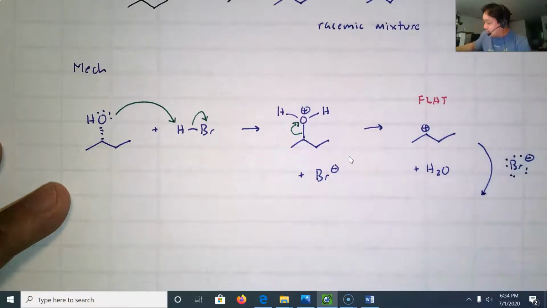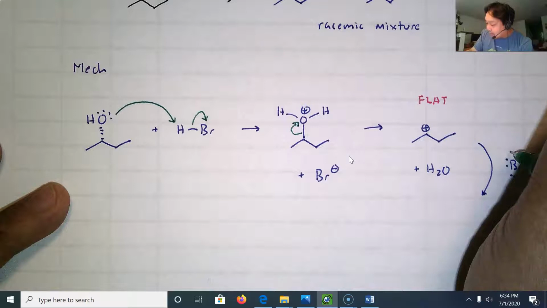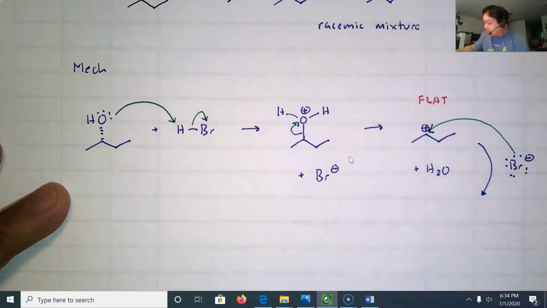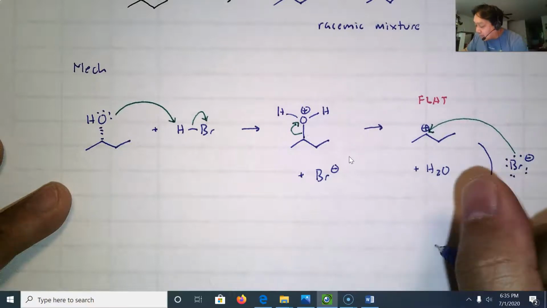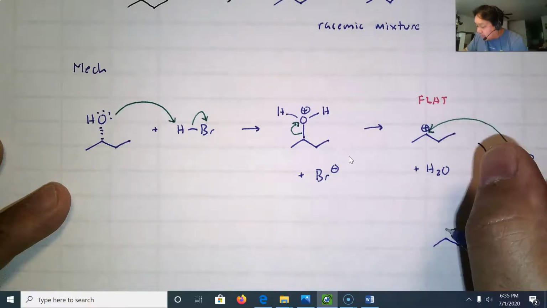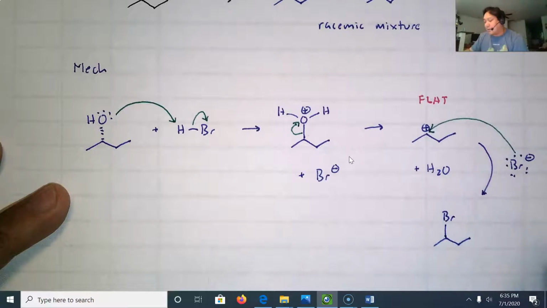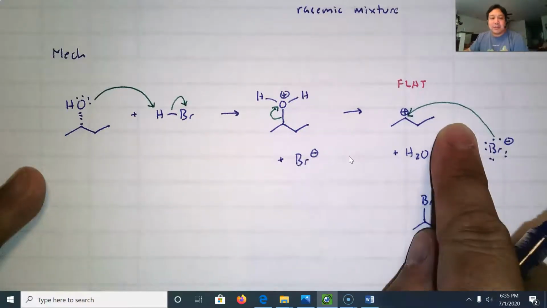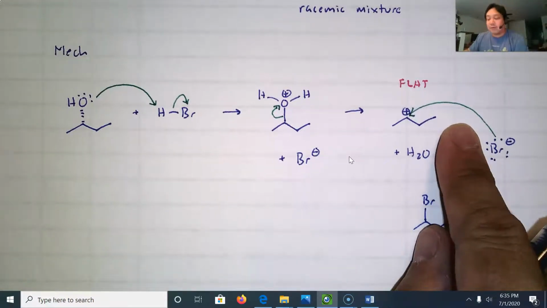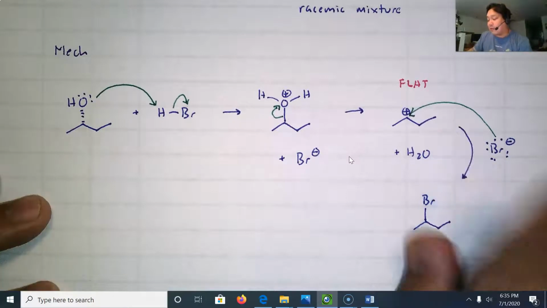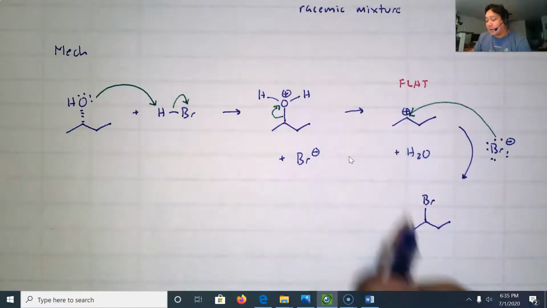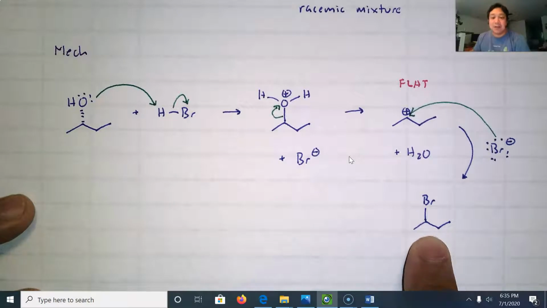Nucleophile, Br minus, attacks electrophile. Again, with mechanism, you don't have to indicate stereochemistry, and the way you draw the green arrow is not supposed to imply front or back anyway. You could have drawn the green arrow coming from the bottom, and it would still give me the same product.